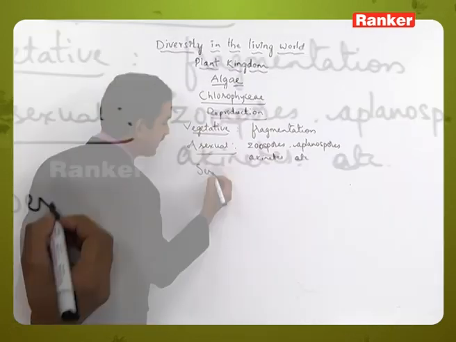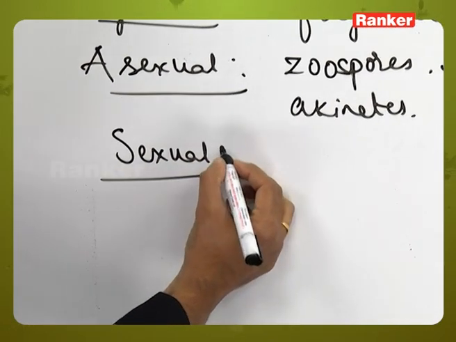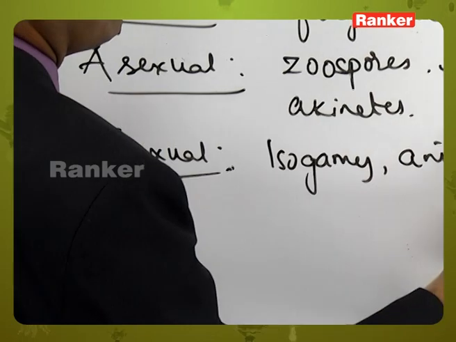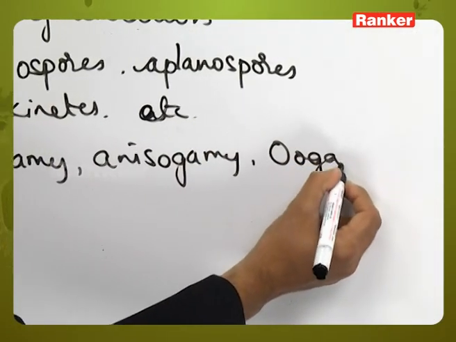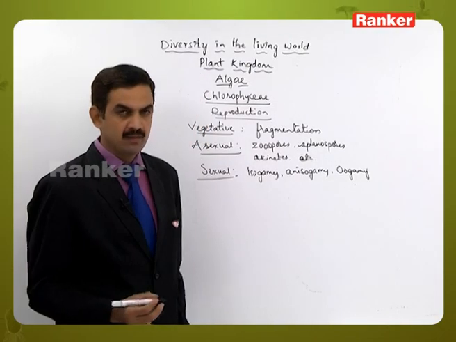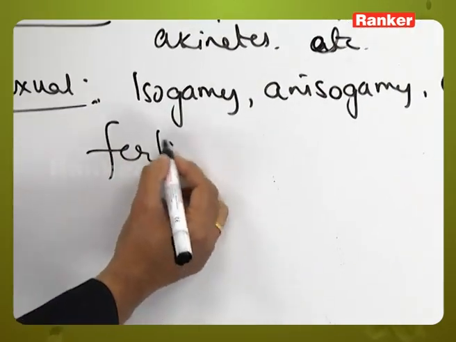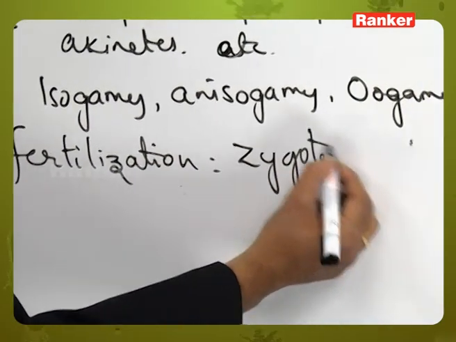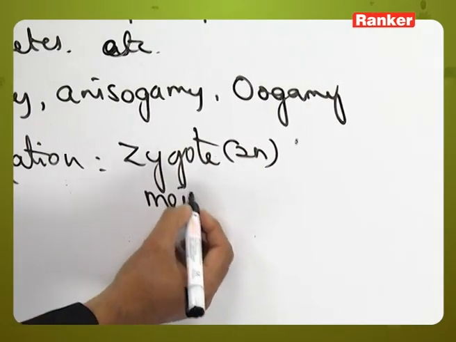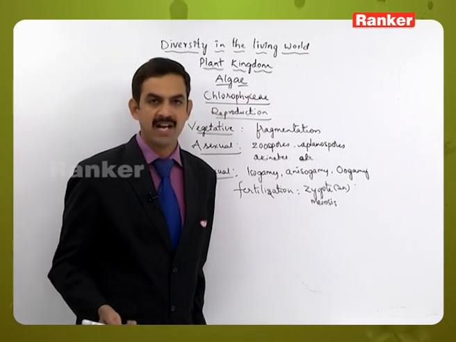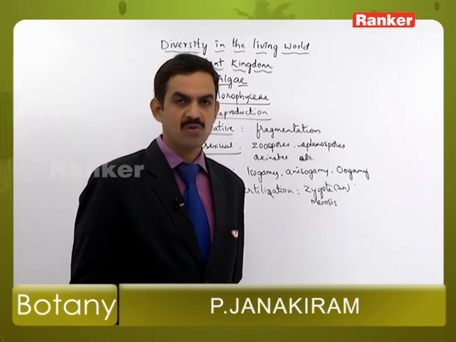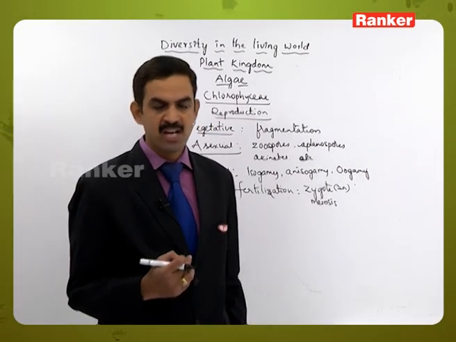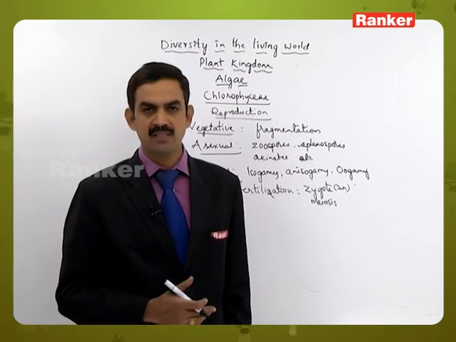Then coming to the sexual method of reproduction, here the members will exhibit isogamy, anisogamy and some oogamous type of reproduction also. When fertilization occurs, that is when the fusion of male and female gametes takes place, it results in formation of the zygote, which is a diploid structure. Generally, this zygote will undergo meiosis to produce a haploid plant body, and the majority of members of Chlorophyceae have a haplontic life cycle because of zygotic meiosis, where the zygote is the only diploid stage, whereas all other structures are haploid.